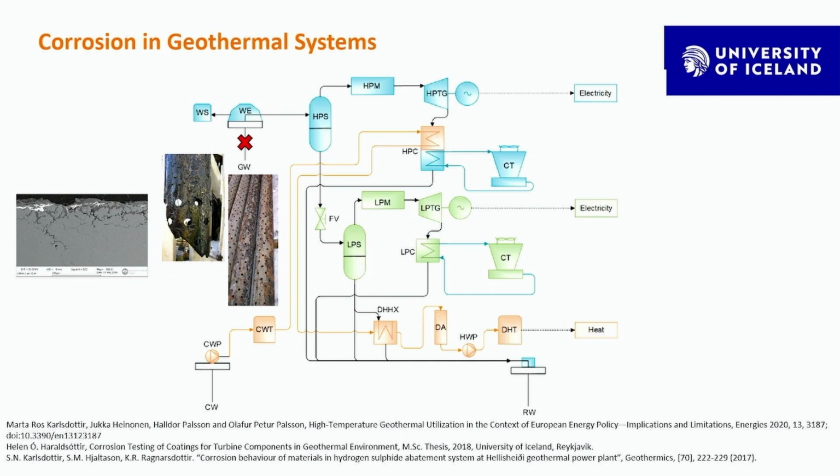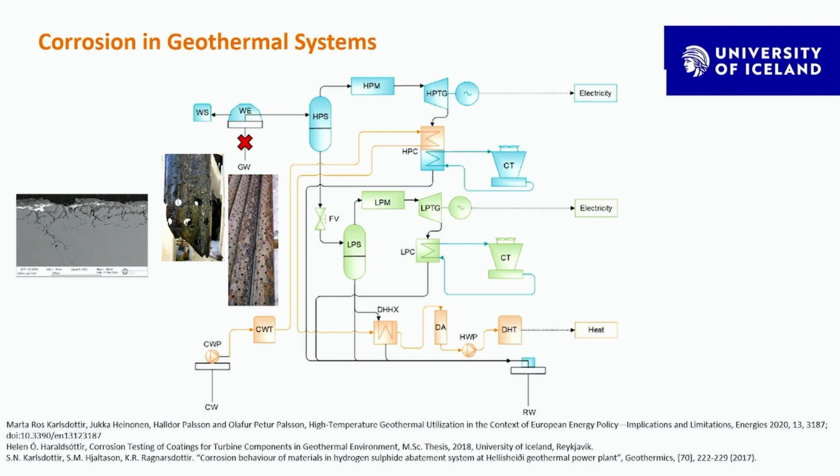And we can see these corrosion damages, not from the Hellisheiði power plant, but just showing you that for different stages of the power plant we have different conditions, different pH level, and a drop in pressure and temperature and so on. So different corrosion phenomena or corrosion forms can occur for these materials used for the components.